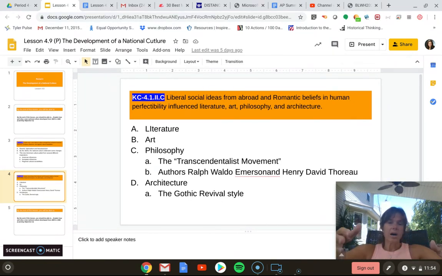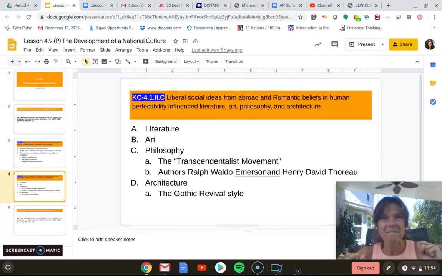Think of round cupolas and curlicues in the woodwork with spires, stained glass. So you move away from the classic simplicity of the neoclassical and into these larger, more ornate, and sometimes very, very loudly painted, I should say, houses and buildings.